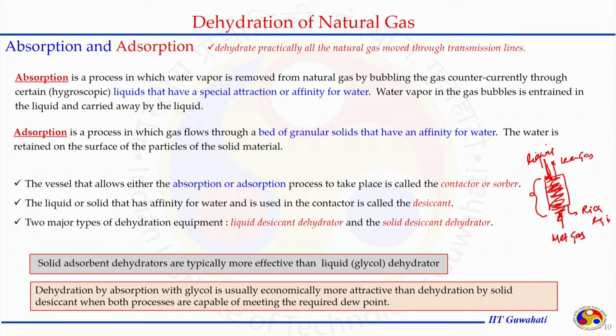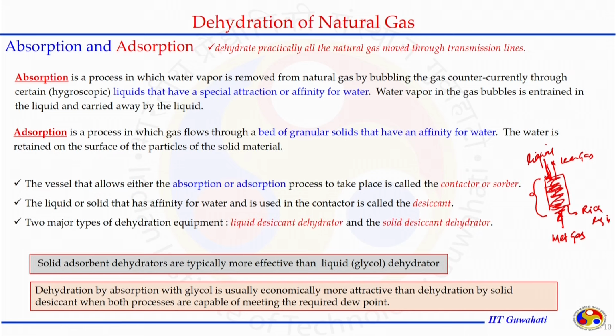On the other hand, dehydration by absorption using glycol is more economical than the solid packing or adsorption process when we compare the dew point, meaning the amount of water to be removed is the same.